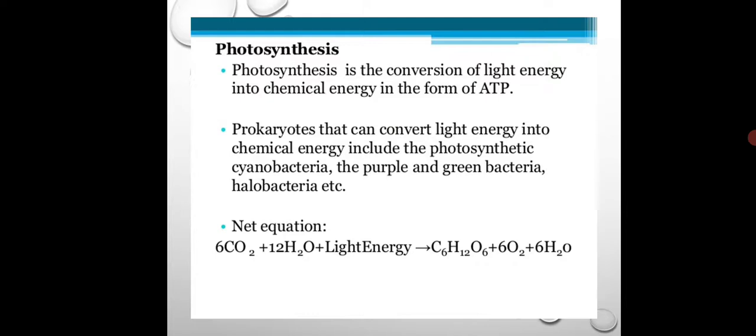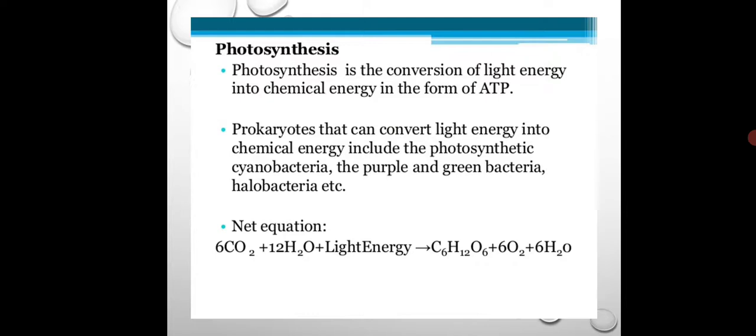Now, prokaryotes or bacteria can also convert light energy into chemical energy and produce energy.